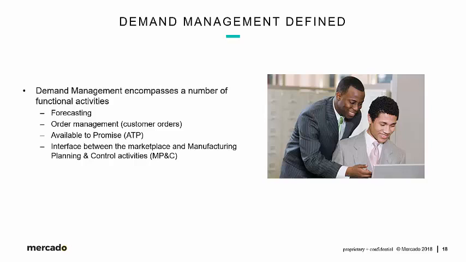And what we'll really get into shortly is the interface between the marketplace, sources of demand, and manufacturing planning and control activities, MP&C. All of the activities that encompass a true in-house manufacturing environment. We'll get into all of these in increasing amounts of detail.